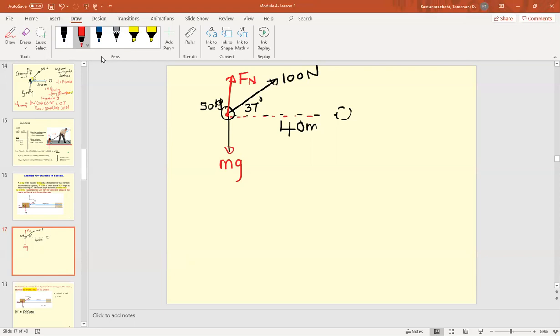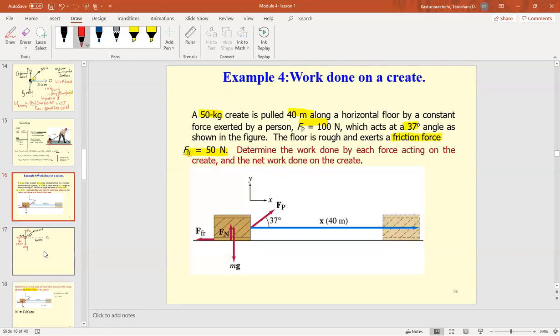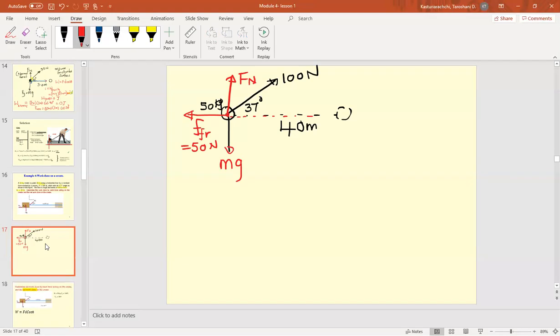Remember that last module in week 3, frictional force is opposite to the motion, parallel to the surface. So this is my frictional force. I believe frictional force is given as 50 newtons. Once you have this, we call this free body diagram, FBD.